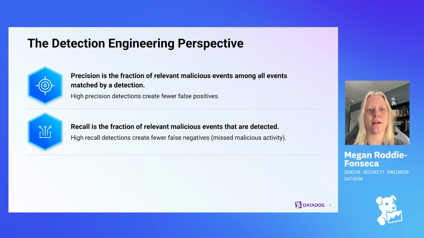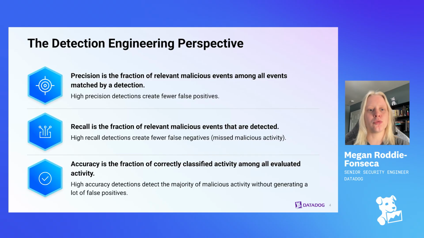So we want high recall and high precision. We also want high accuracy, where accuracy is the fraction of correctly classified activity among all activity. So we want true positives and true negatives, and we don't want false positives or false negatives. So high accuracy detections detect the majority of malicious activity without generating false positives.